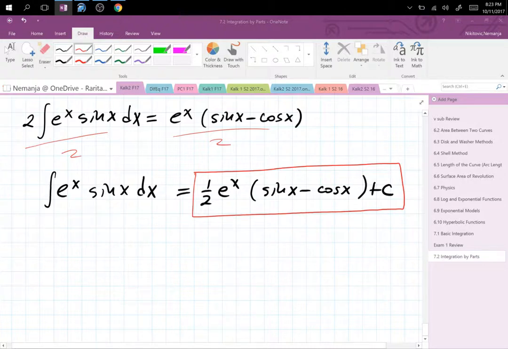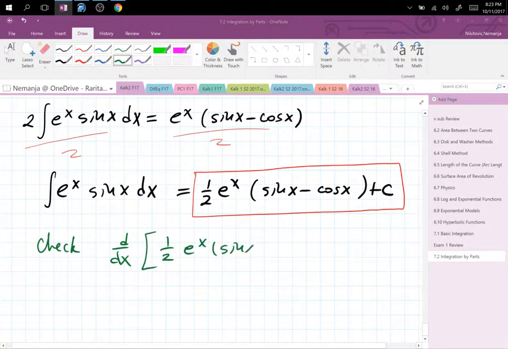Obviously, Mathematica is going to do it for you, but if you are on the exam and you care, you're done with integration, you immediately check by the derivative, and you know if it's right. So differentiate 1/2 e to the x times (sine x minus cosine x), plus c, who cares, because the derivative of plus c is 0. And you should do this for every problem.